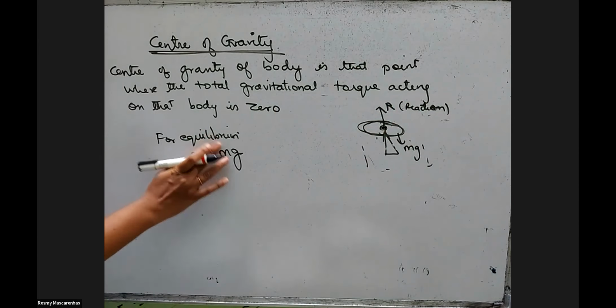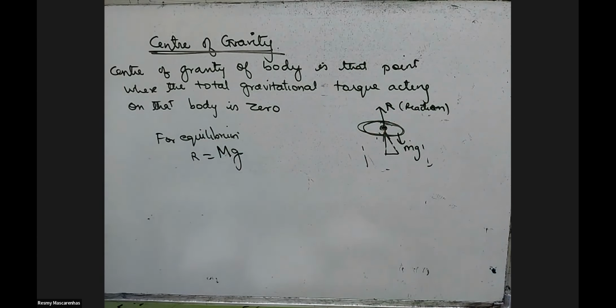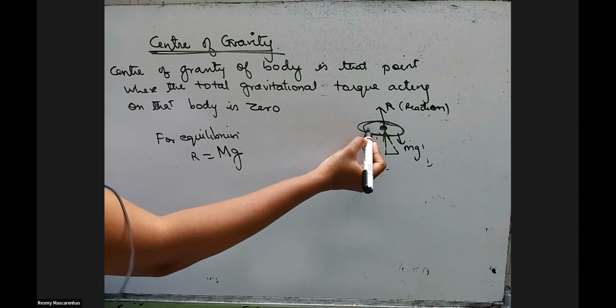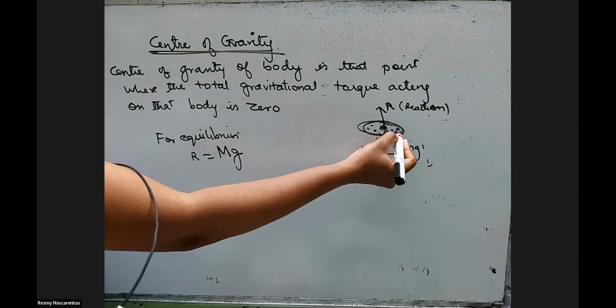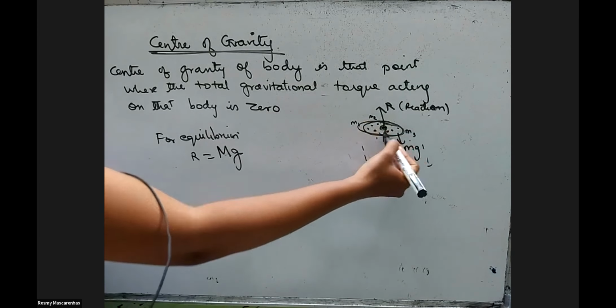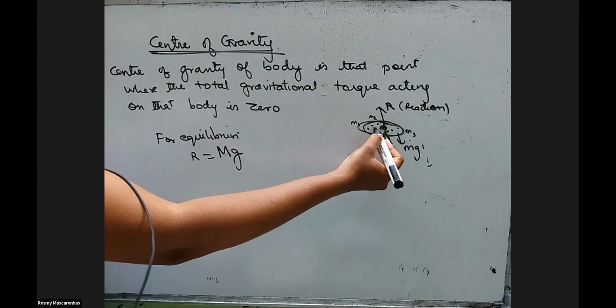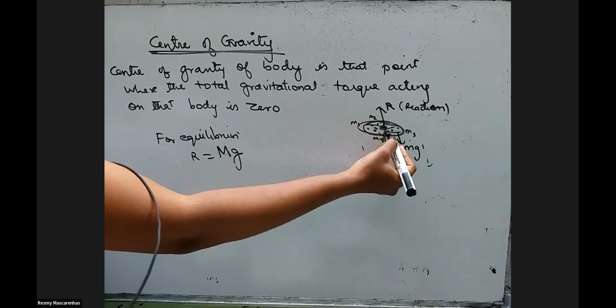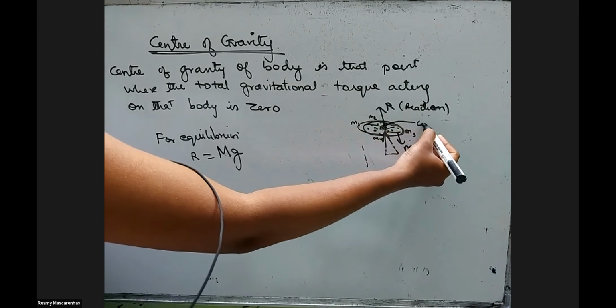Now this M I'll use capital. Since we are doing the center of gravity, if you use the system of particles, these are all small masses M1, M2, M3, M4. Basically all the masses combined together, so this is used as a center of mass.